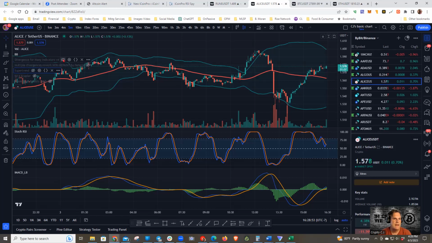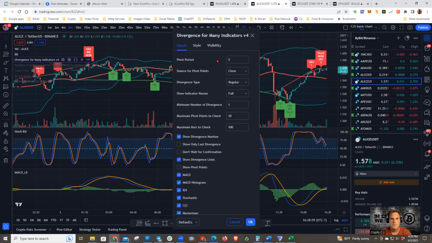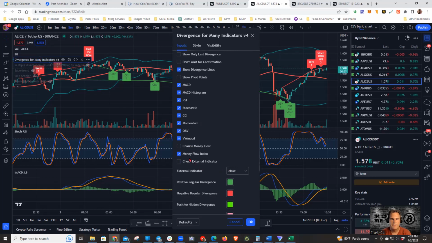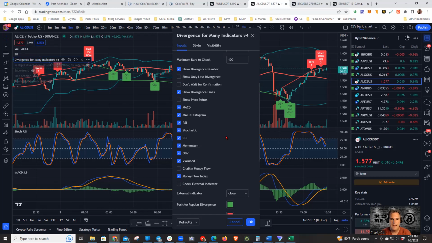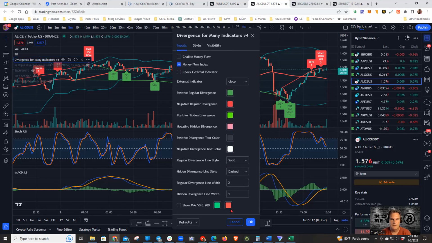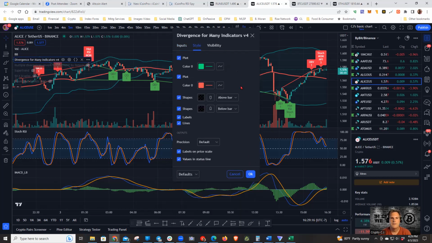Actually, a better example might be my divergence because I've made changes to this. I think I took out a couple of the options on that. I changed some of the colors. I think it's in the style section, right? Yeah, colors and styles are all right.